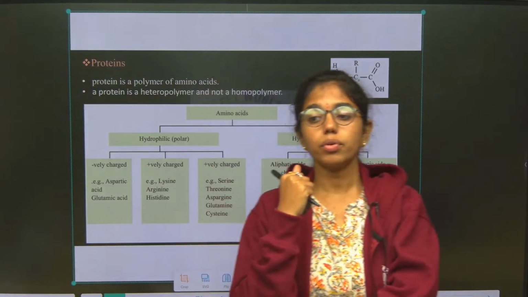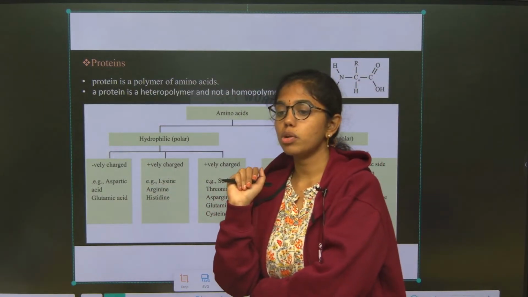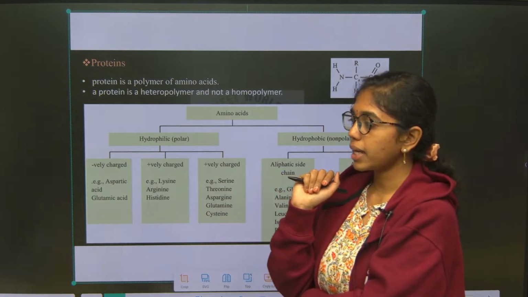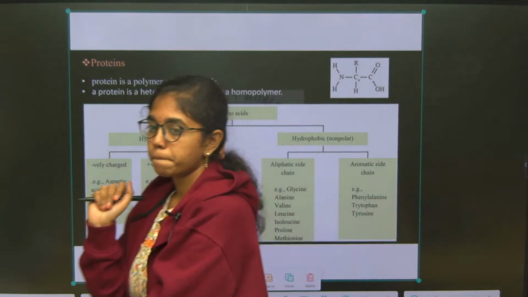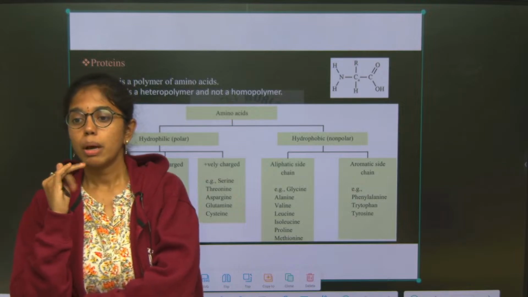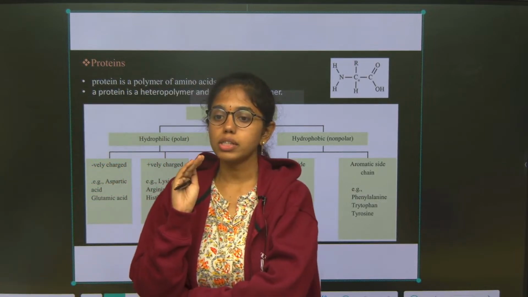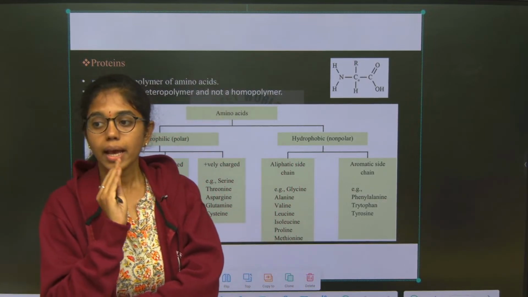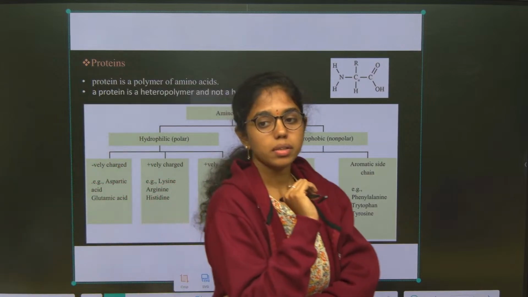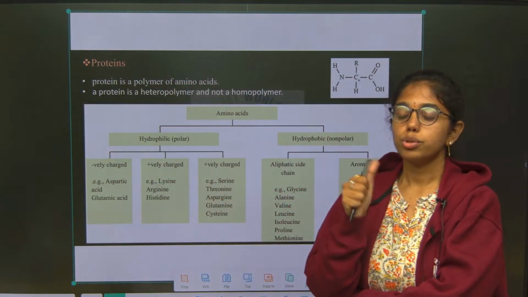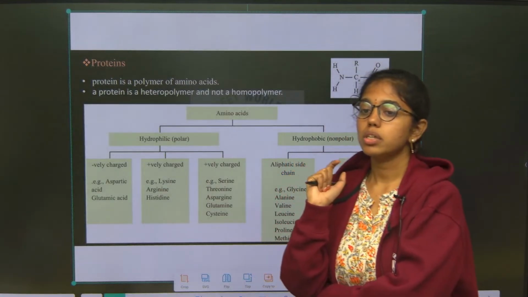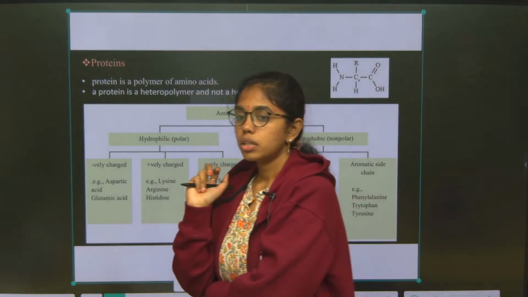After this we have looked into what? Examples of monosaccharides. Tell me the examples of monosaccharides. Glucose, fructose, mannose, galactose and hexoses. Okay. Disaccharide examples? Sucrose, maltose, lactose, trehalose.